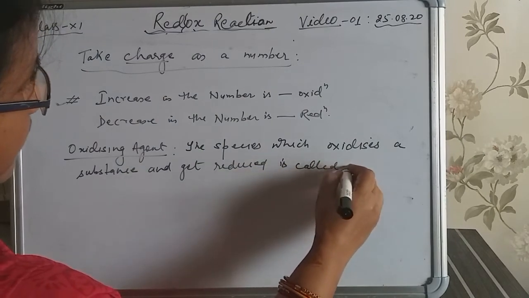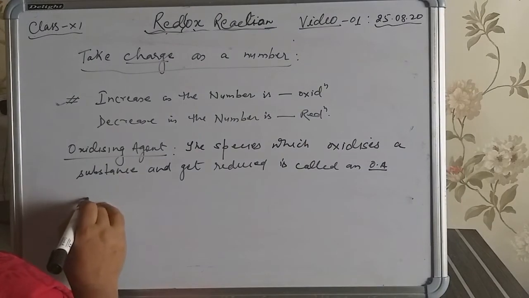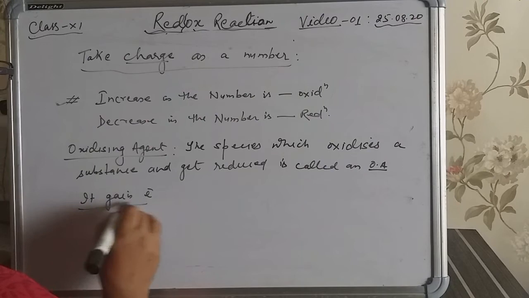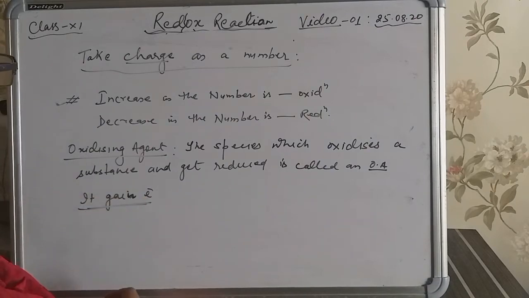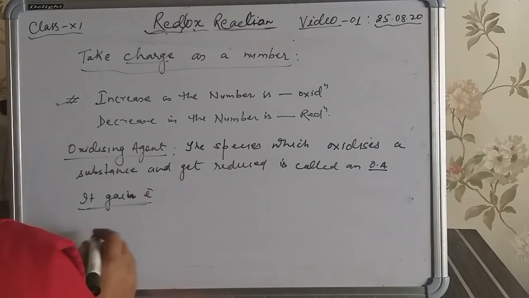Or, second, it gains electrons. So those species which gain electrons are known as oxidizing agents.